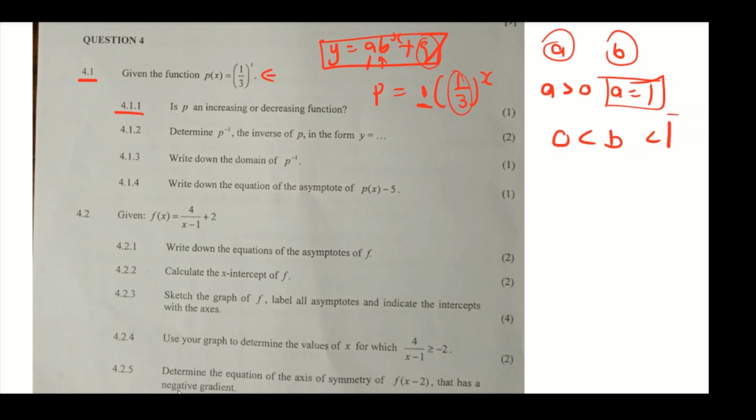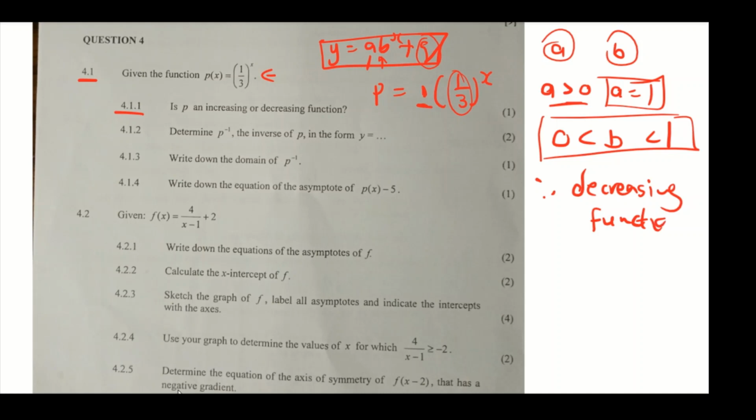So if you have something like this, where b lies between 0 and 1, and our value of a is 1, which is greater than 0, therefore it confirms that the function is decreasing. Check your books, but it's a decreasing function, and these are the reasons I'm stating. That's what you're going to do. You're going to say a is greater than 0, which is actually 1. b lies between 0 and 1, hence the function is decreasing. So these are just the properties that you need to note.